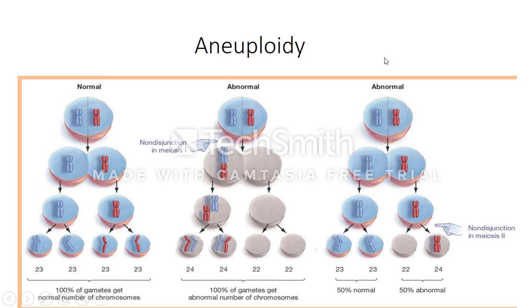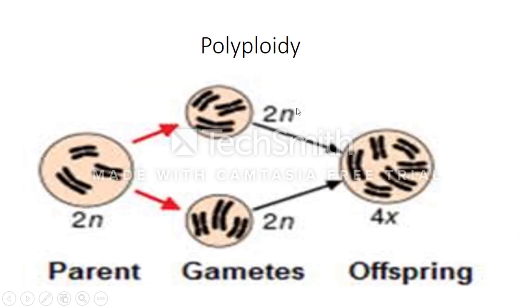So now moving on to polyploidy. As shown before in aneuploidy, in the case that one of the parent gametes ends up as 2N, then when it joins with another gamete, the individual can become 3N, or 4N if there is another mutation that occurs.